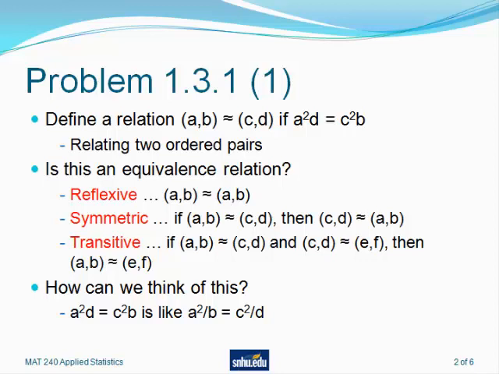We can't use them as fractions, but if we think of the relationship that way, then it's pretty clear that it should be reflexive, it should be symmetric, and it should be transitive. Now all we have to do is to prove it.